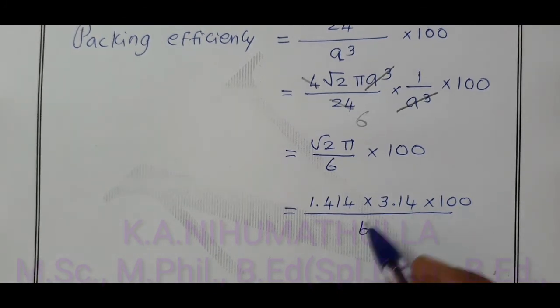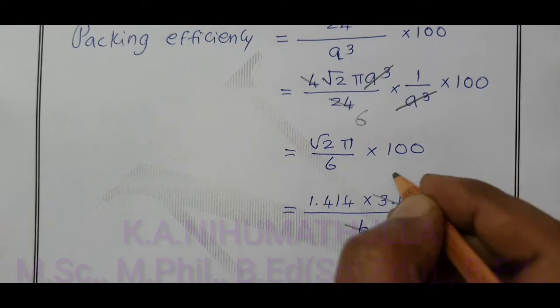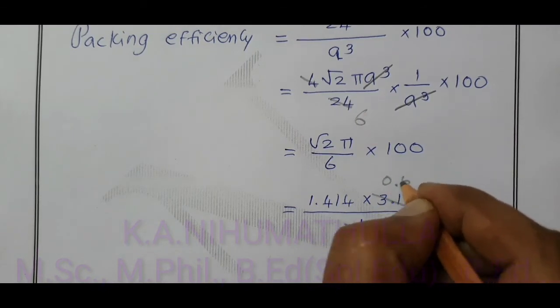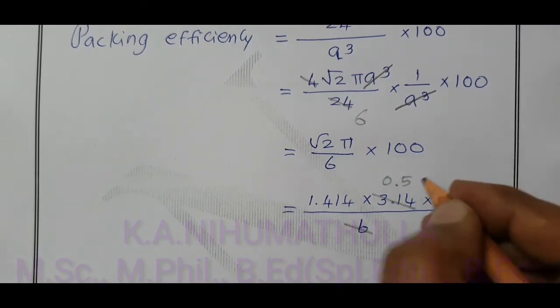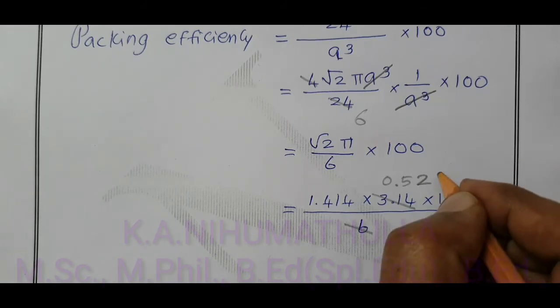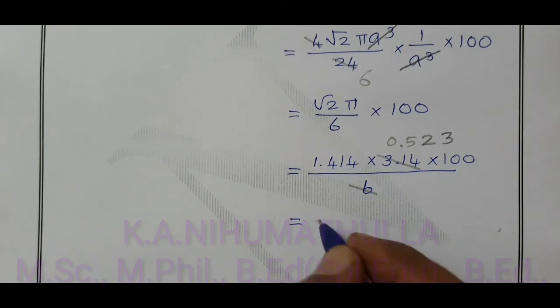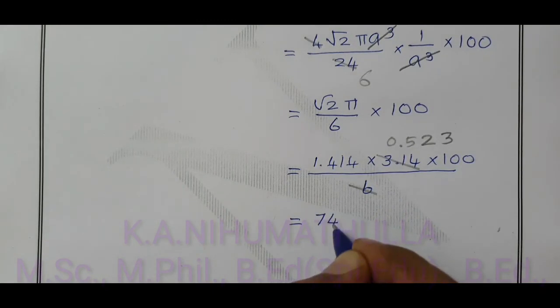Now we can cancel any one quantity. 5 6s are 30, remaining 14; 2 6s are 12, remaining 20; then 3 6s are 18 and it goes on. When you multiply all these quantities, you will get the final value as 74%.